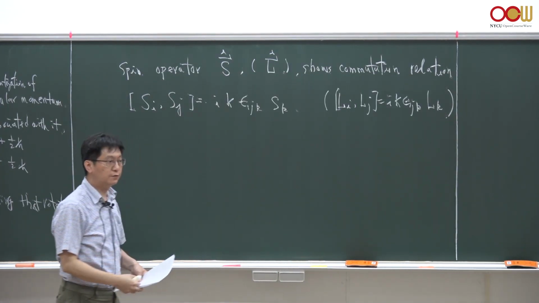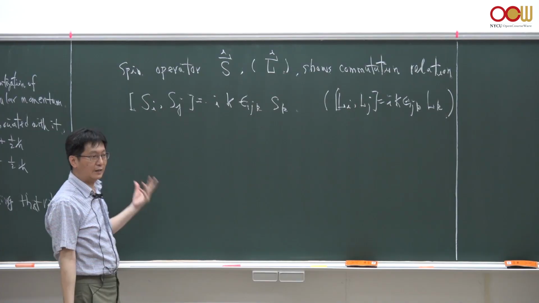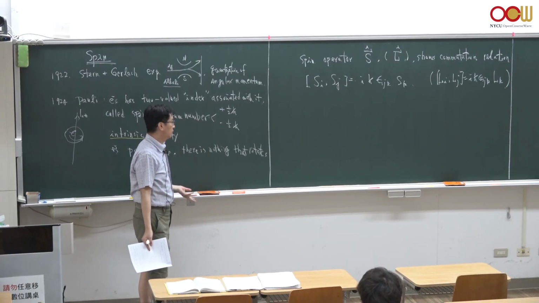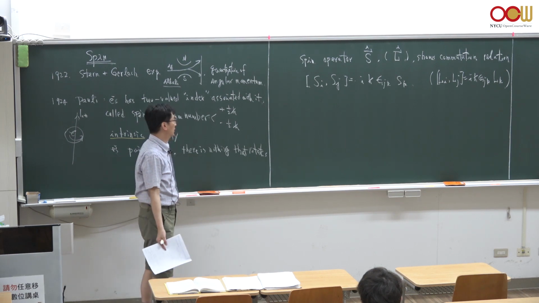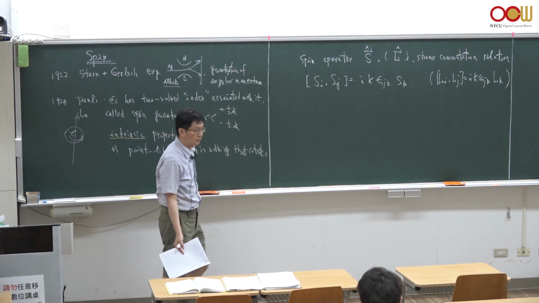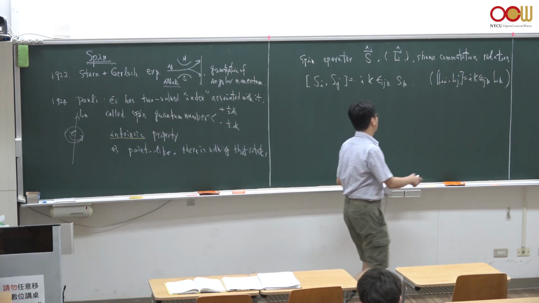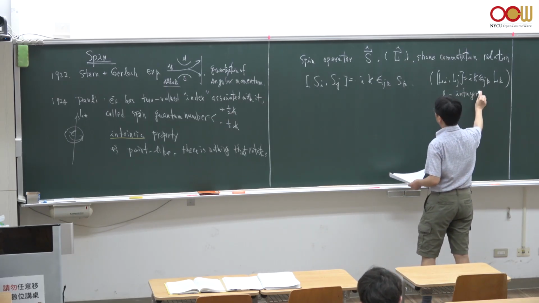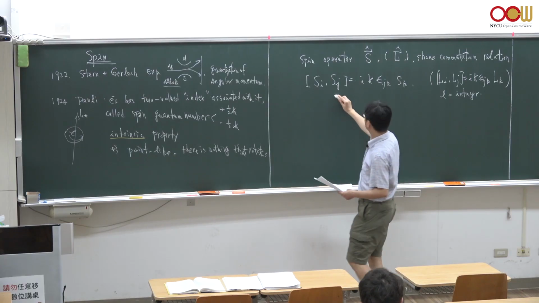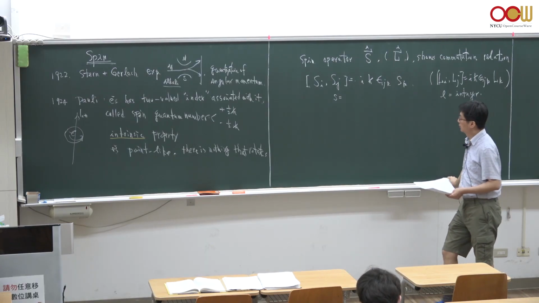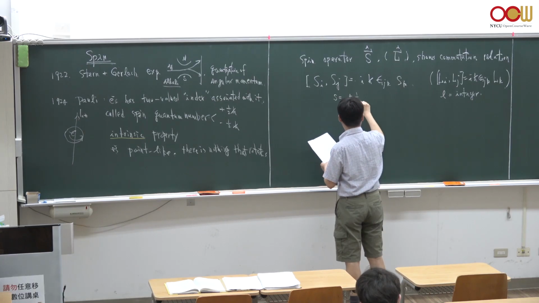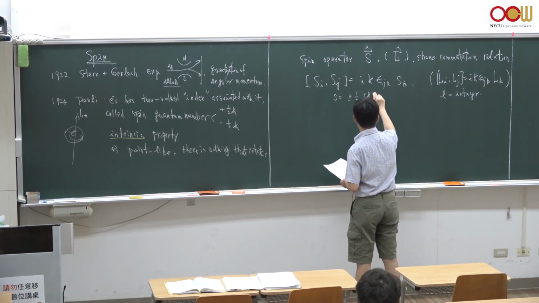The only thing different here is that the eigenvalues of the S operator are different from the orbital angular momentum eigenvalues. Remember, the orbital angular momentum quantum number, L, is an integer. But the spin quantum number could be plus or minus 1/2 h bar.